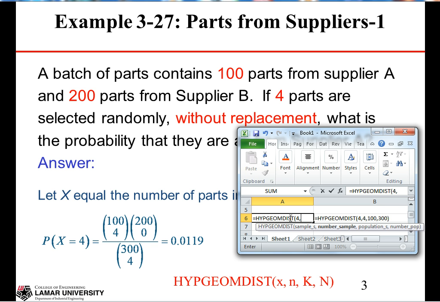The second parameter is the number of objects in the sample, which is lowercase n, 4. Then the number of successes inside the population is 100. Finally, the number of objects in the population, the total capital N, is 300. If you calculate that, you will get exactly the same number here.